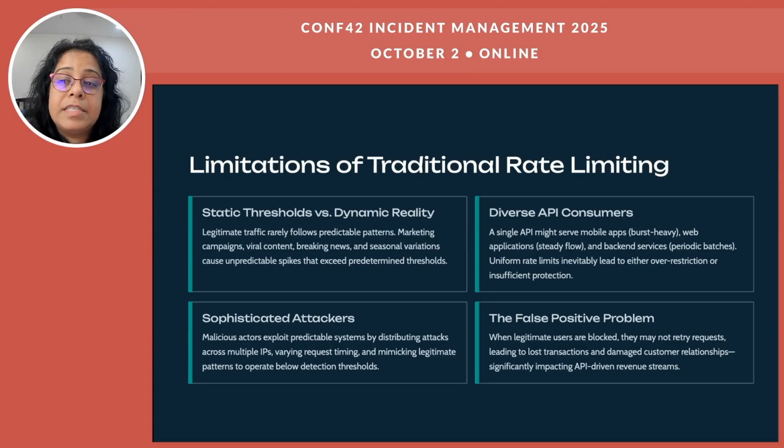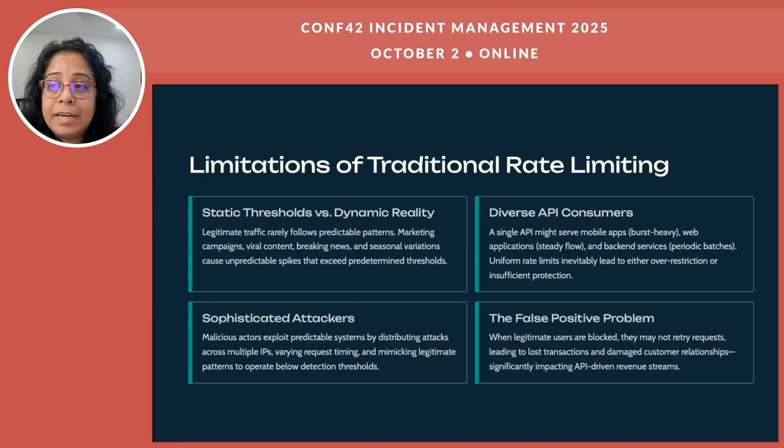This is the static threshold problem. Legitimate traffic from marketing campaigns doesn't follow predictable patterns. The next day, a bot which is interested in stealing data comes into the app from probably 10 different, 100 different IP addresses, each slowly trying to hack the system, and they try to ensure that these logged in bots stay under the rule of five people per hour.